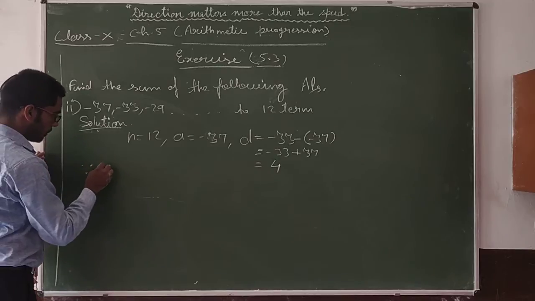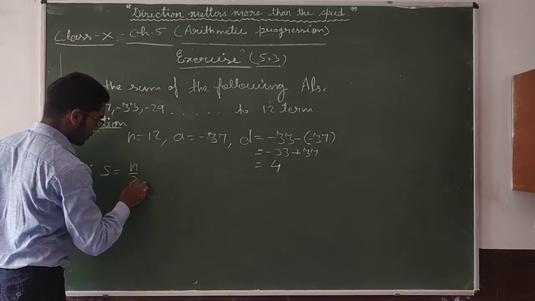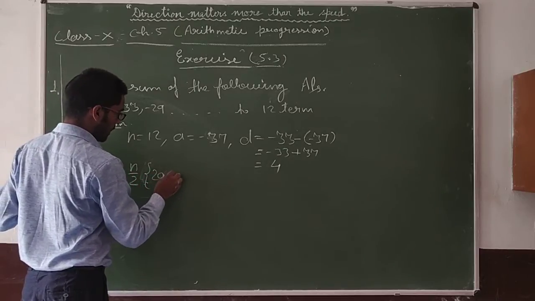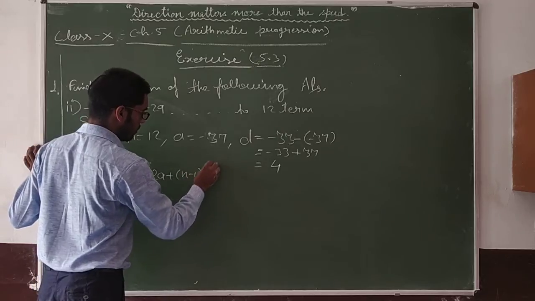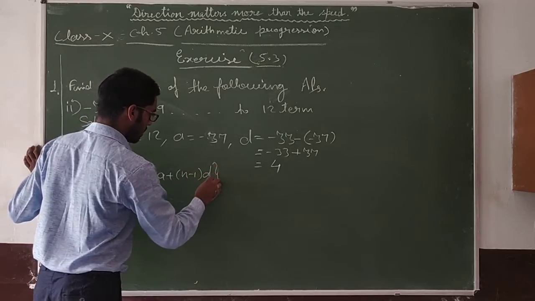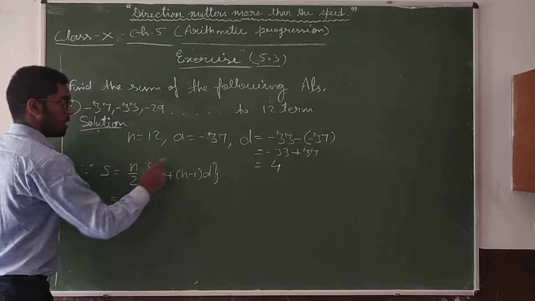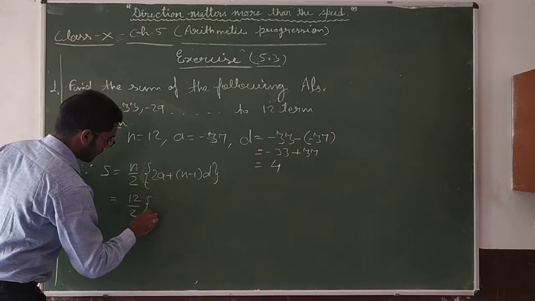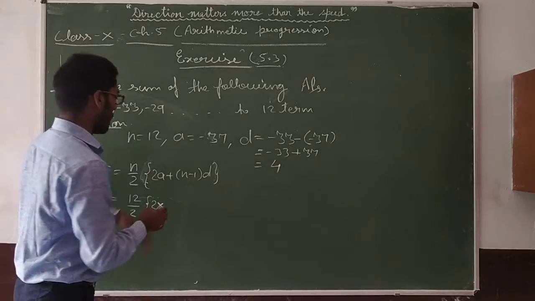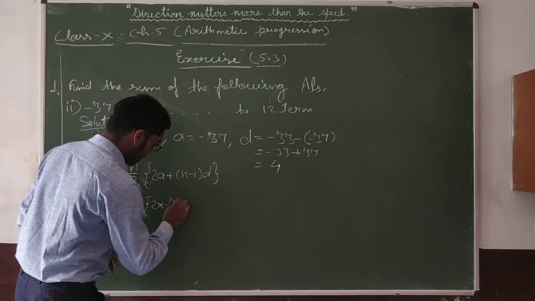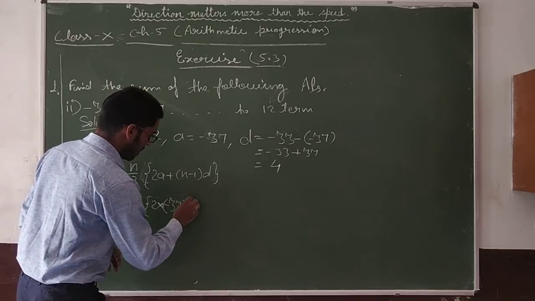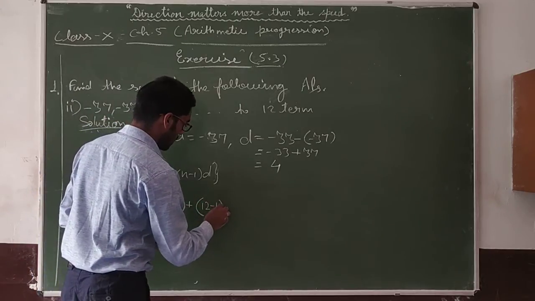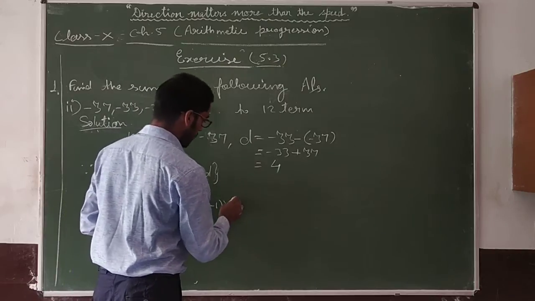Write the formula: S is equal to n by 2 in brackets 2a plus (n minus 1) into the common difference d. The number of terms is 12 by 2, into 2 times the first term a which is minus 37, plus in brackets (n minus 1), that is 12 minus 1, into the common difference 4.